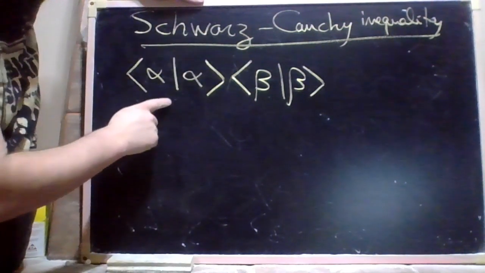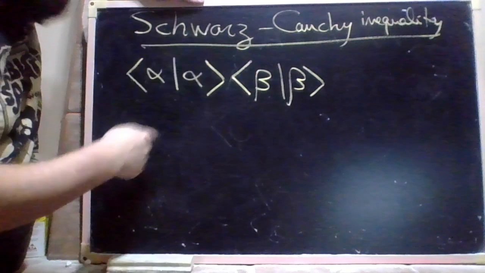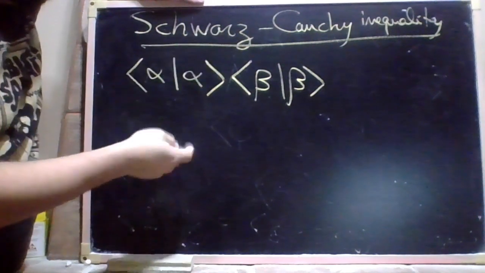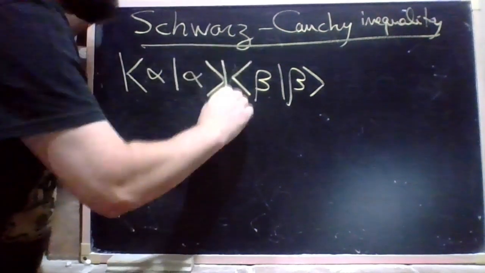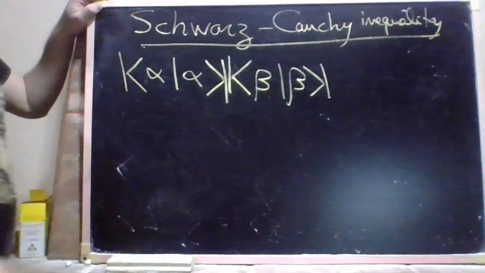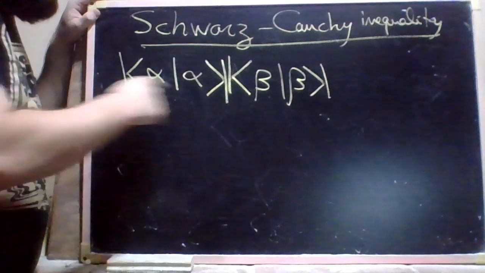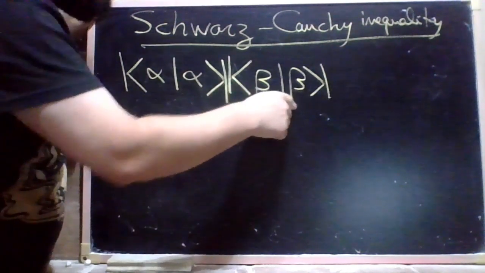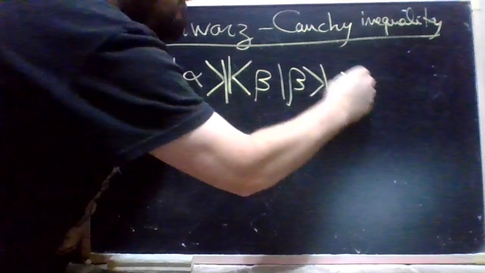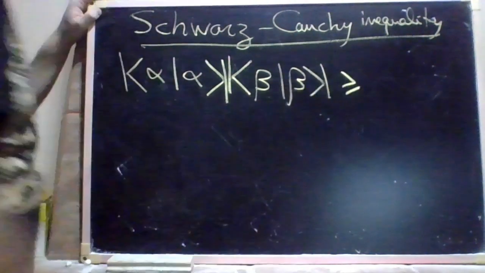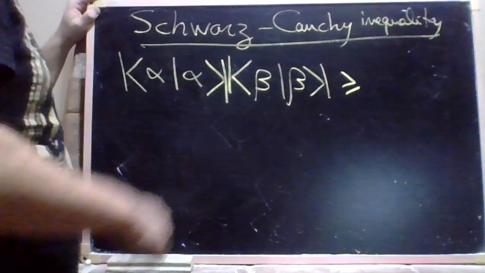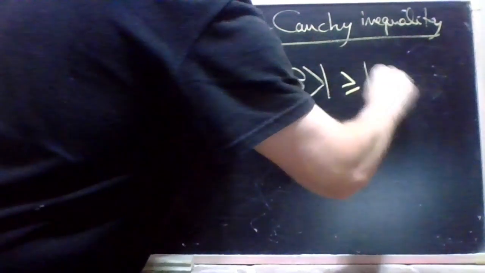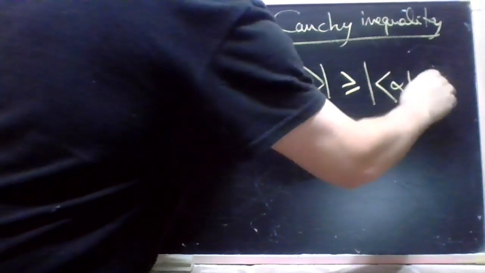But in general, in Hilbert spaces, vectors are not necessarily normalized. So I can put modulus here. So this modulus multiplied by this modulus is always greater or at least equal to the projection of alpha over beta modulus squared.